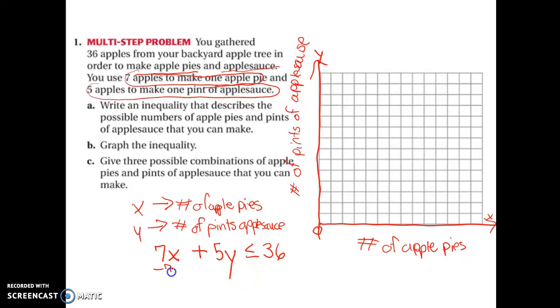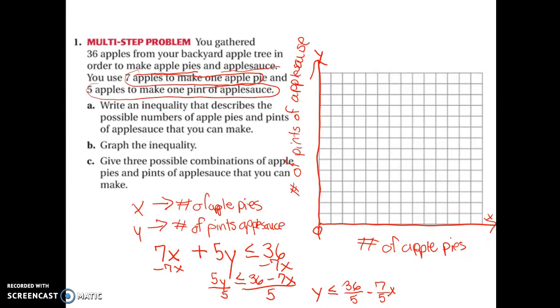So I will subtract 7x from both sides, so I have 5y is less than or equal to 36 minus 7x, and divide everything by 5. So I'm going to move over here so you can see it. I have y is less than or equal to 36 fifths minus 7 fifths x.